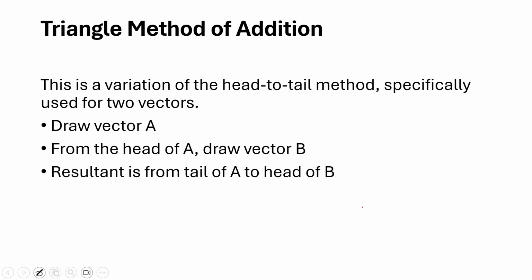For example, if we have vector A in this direction, this is vector A. From the head of A, as we have done in the head to tail rule, there is another vector, that is vector B.